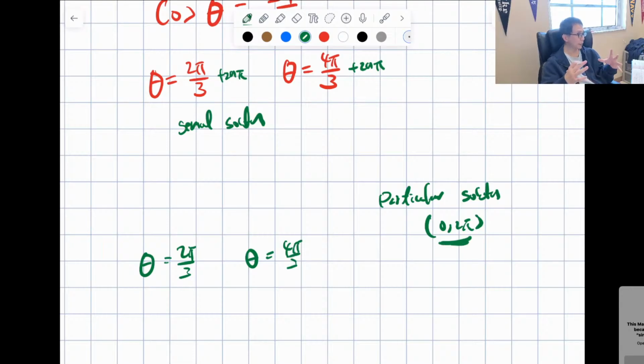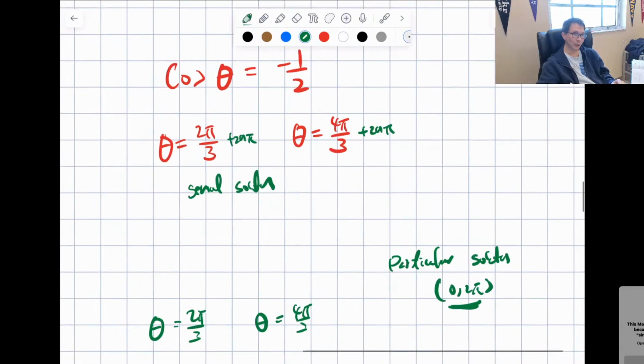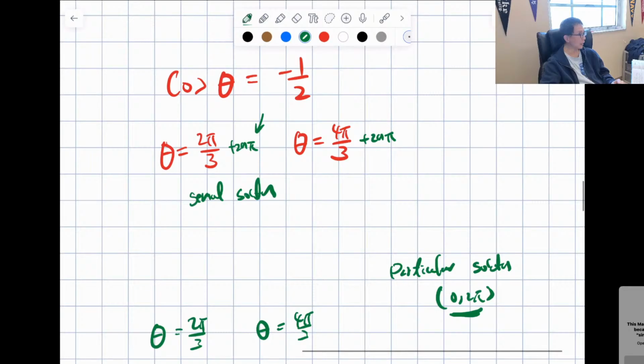I'll give you a boundary. Most of the time, I will give you boundaries. Do I ever give more than 2 pi? No, the boundary I'm giving is usually between 0 to 2 pi, because I only want to know what happened between 0 to 2 pi. I don't want to know any more. So if I want to know more, I will add plus 2n pi. Is that okay?